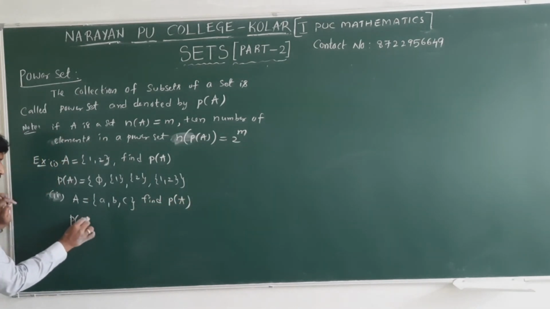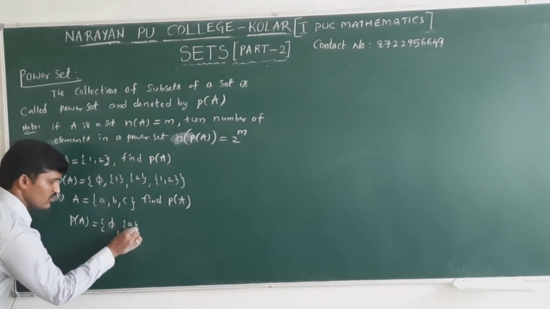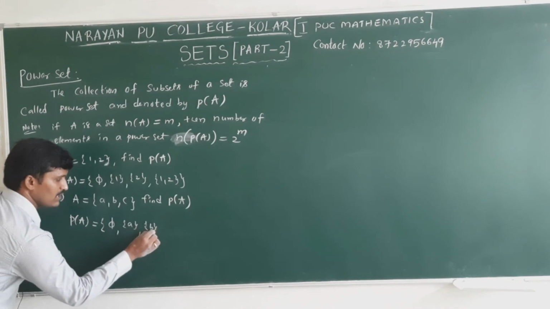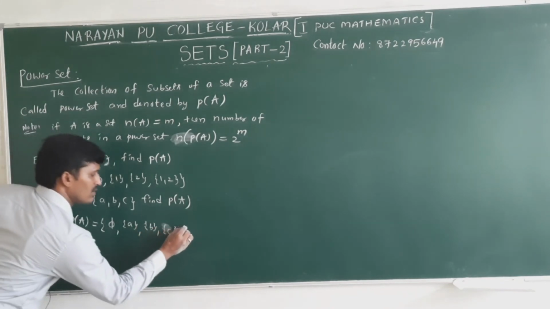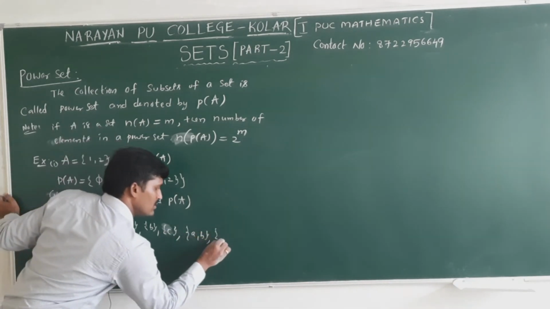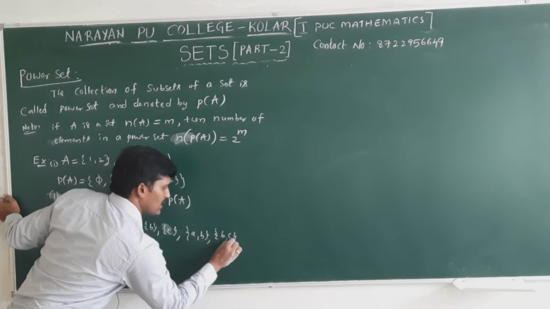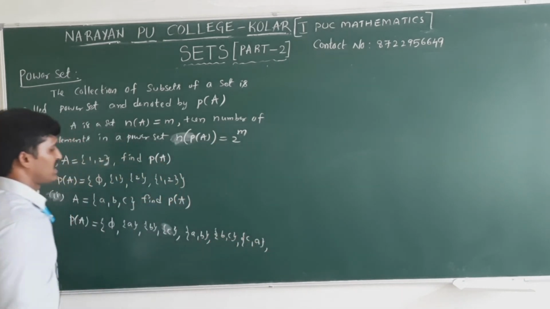P of A means power set. How to find? Empty set, and each element is one set: {a}, {b}, {c}, then {a, b}, {b, c}, {c, a}, all combinations.